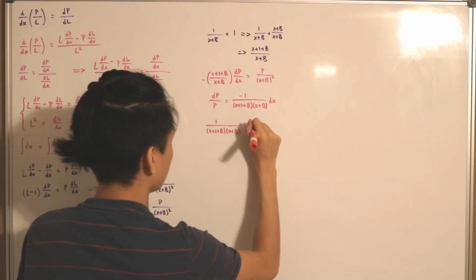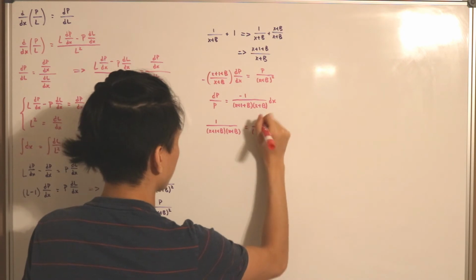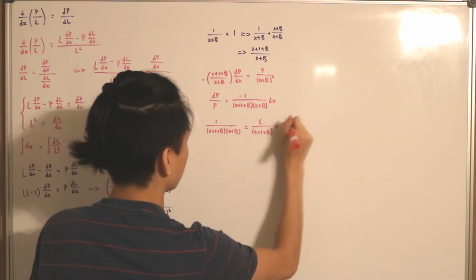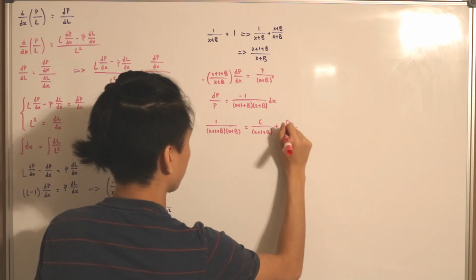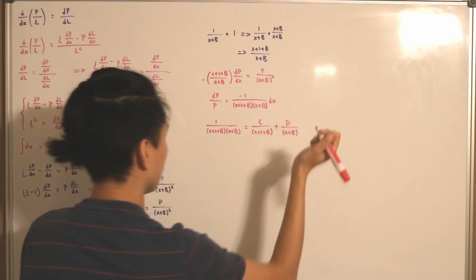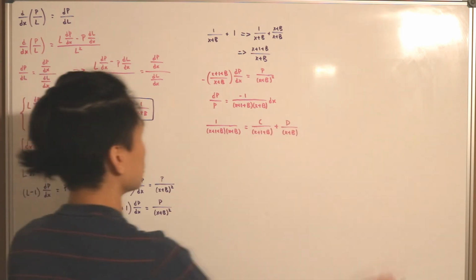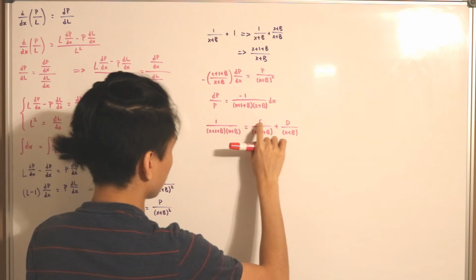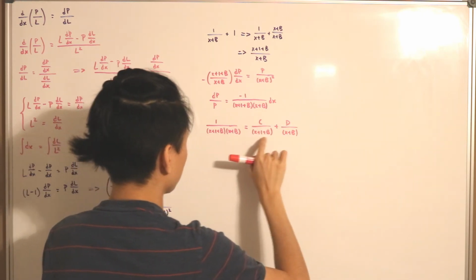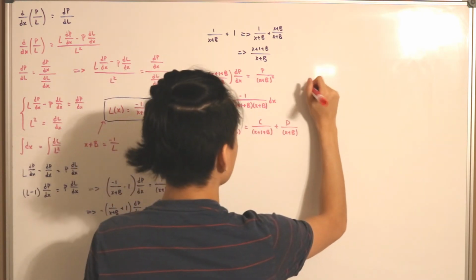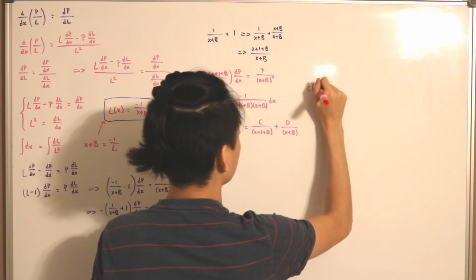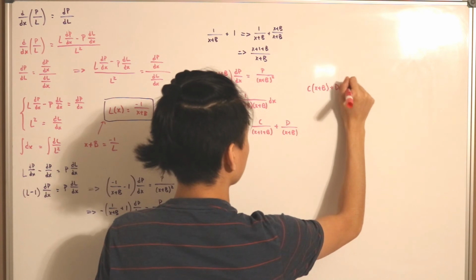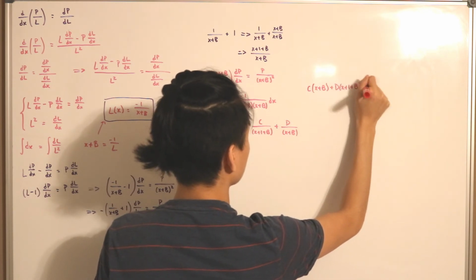We set that equal to some unknown constant c divided by x plus 1 plus b, then plus d divided by x plus b. Now we just have to solve for our constants. I'm going to do the scratch work over here. I can multiply c times x plus b and then d times x plus 1 plus b, and then set that equal to 1. So c times x plus b, then plus d times x plus 1 plus b equals 1.